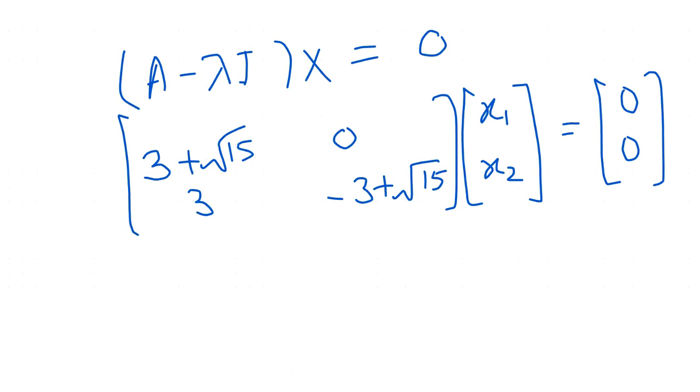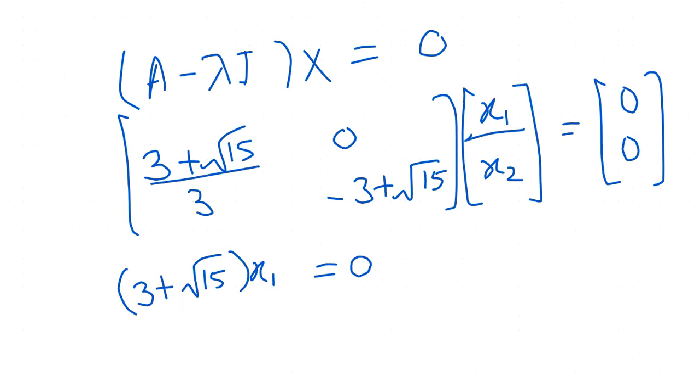Now just multiply the first row with the first column, then the second row with the first column, one by one. So 3 plus square root of 15 into x1 is equal to 0, because we multiply the first element with the first plus the second with the second.